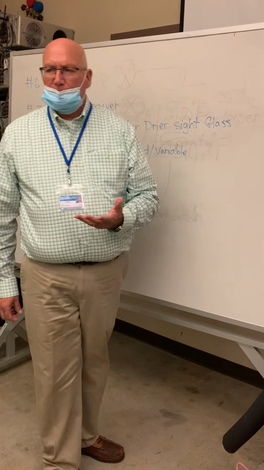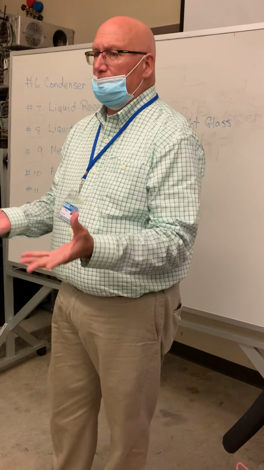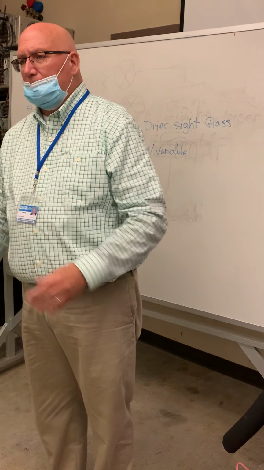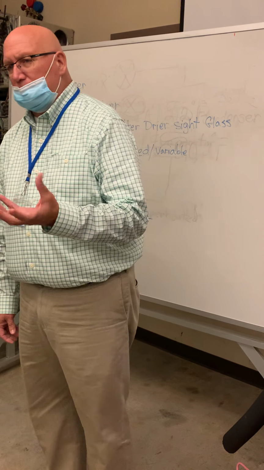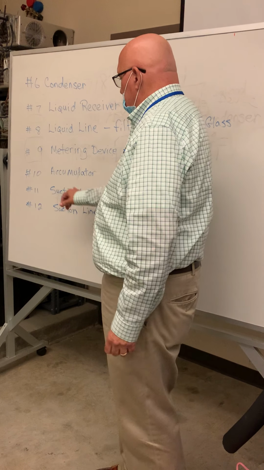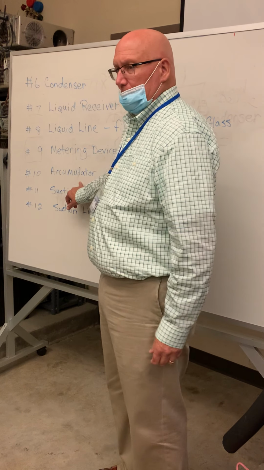The discussion I had about intake reed valves: if they get any liquid refrigerant, it's going to break the reed valves in the compressor. So what they have, and you can see a picture of it in your textbook, is an accumulator.